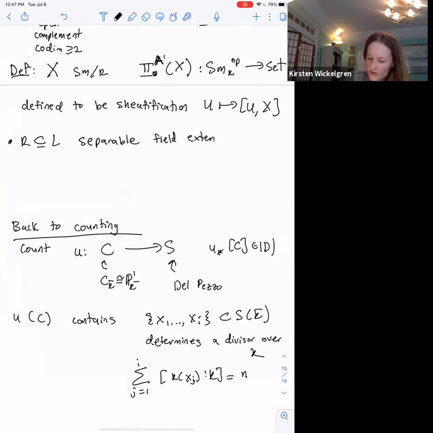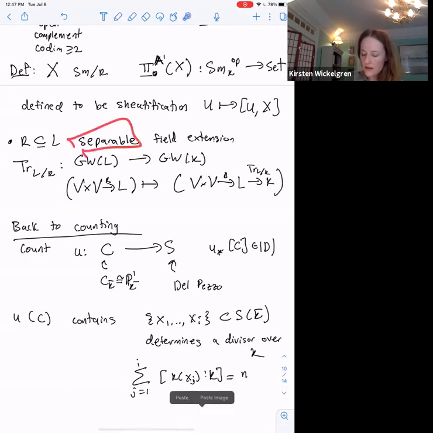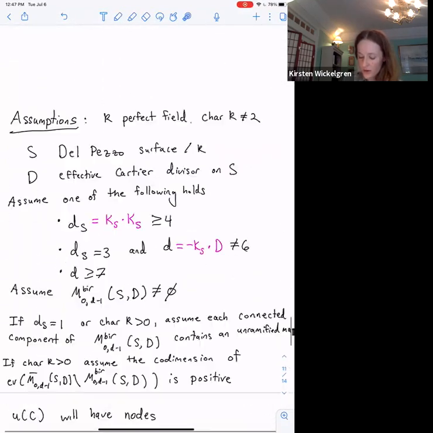So we have a transfer map from the Grothendieck-Witt group of L to the Grothendieck-Witt group of K, and it takes a bilinear form to the post-composition with the sum of the Galois conjugates, and it remains non-degenerate, thanks to Galois theory.